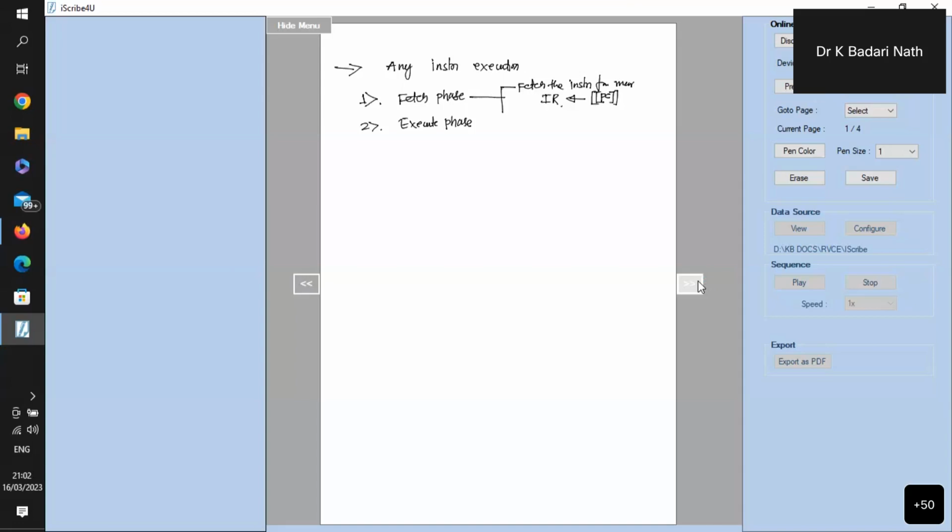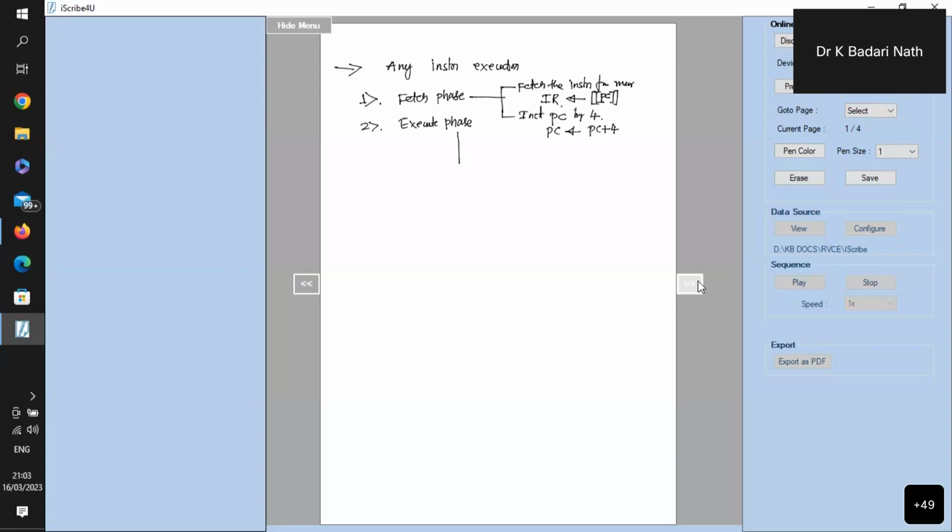Then after that, increment the program counter by 4. If you assume that 4 bytes are required for one word, the program counter will be incremented by 4. So these are the two steps required in the fetch phase.